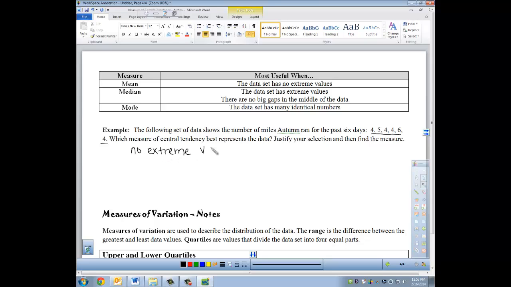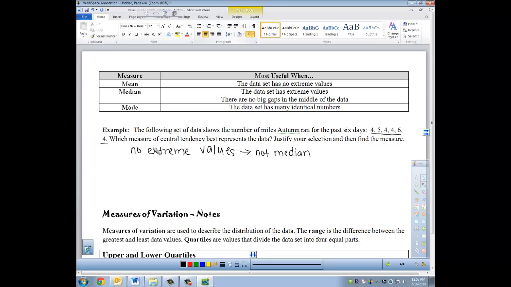All of our numbers are pretty close together. It ranges from 4, 5, and 6. So far, it is not the median. So it could be the mean or the mode because there are no extreme values.